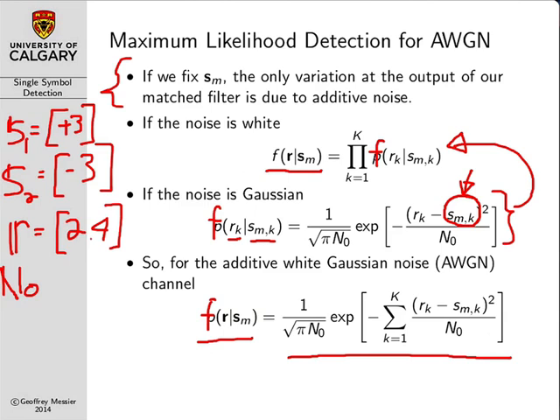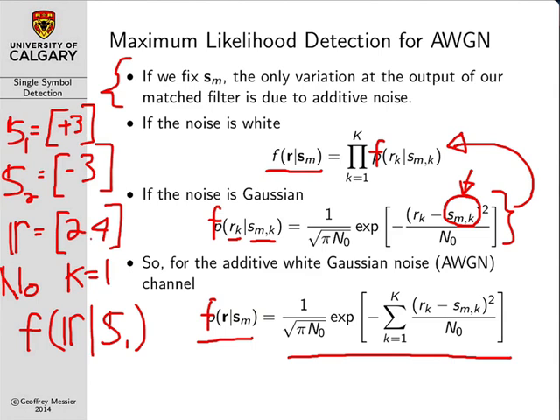Well, we calculate two likelihood values. The first thing we do is we figure out the likelihood value when we plug in our receive signal vector r, which is just equal to 2.4, and our transmitted signal vector S1, which is just equal to +3. And of course, in this particular case, k is equal to 1, right? Because we have only one basis function.